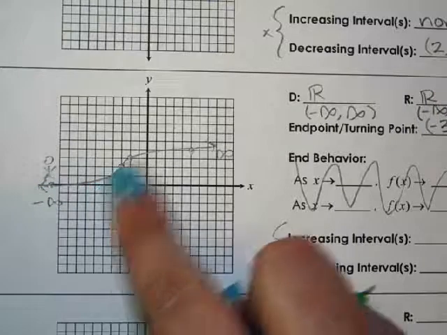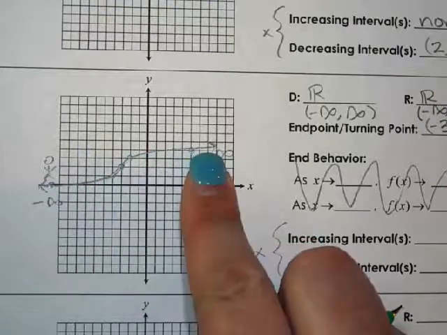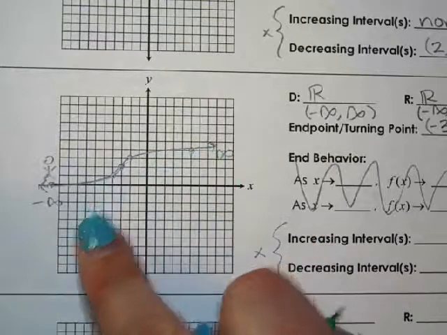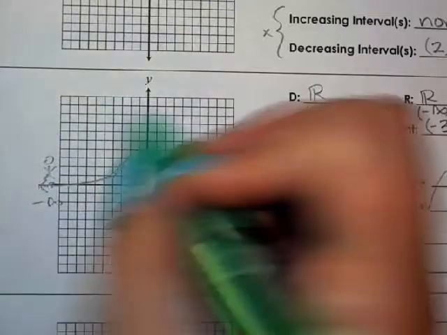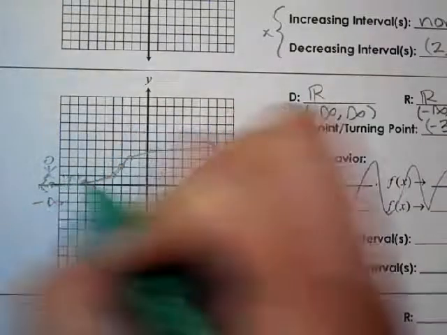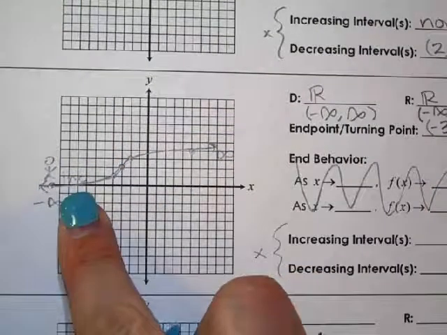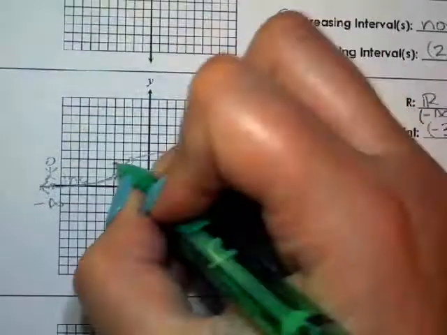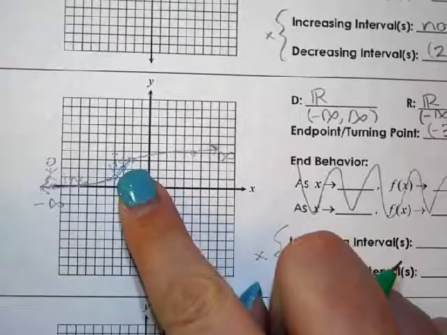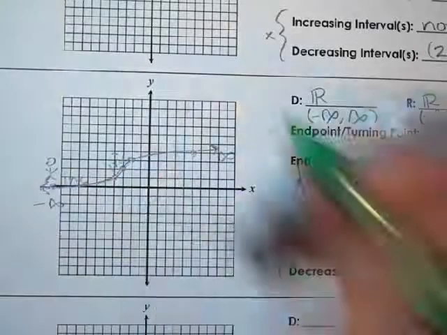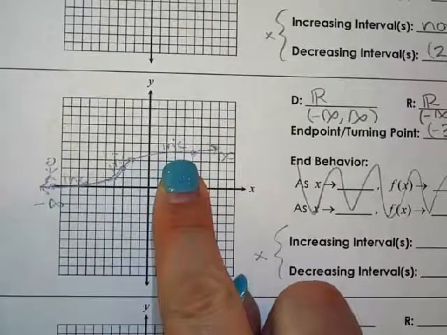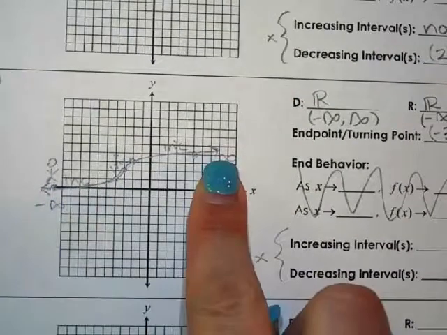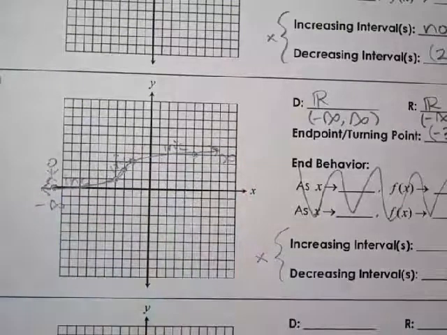It's like you're walking on a path and you feel an incline, but it's not a steep incline. And then it's the type of increasing that makes your calves burn really bad. And then it's the type of incline where you feel it, but you don't feel it as much. Does that make sense? So it's increasing the whole time, it's just not the same type of increase all the way. So for decrease, we're going to put none. And for increase, we're going to put -infinity to infinity.